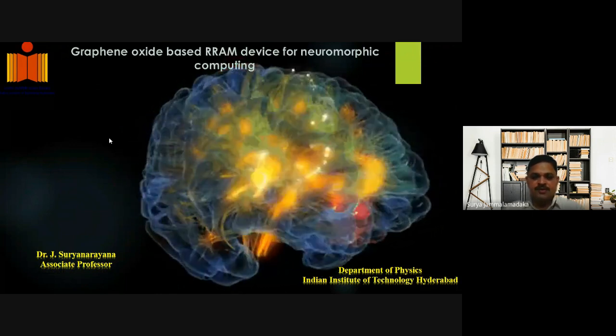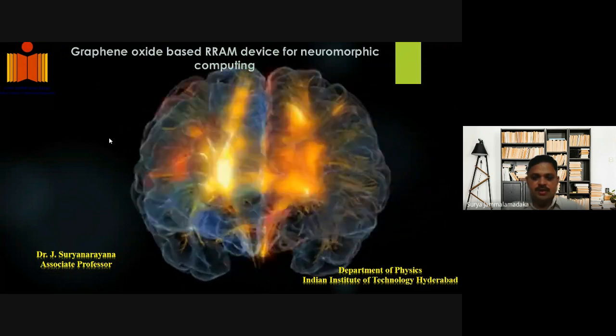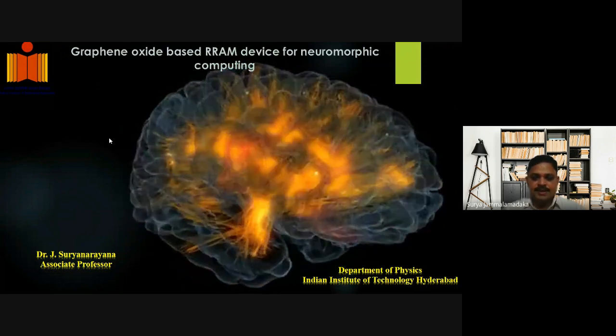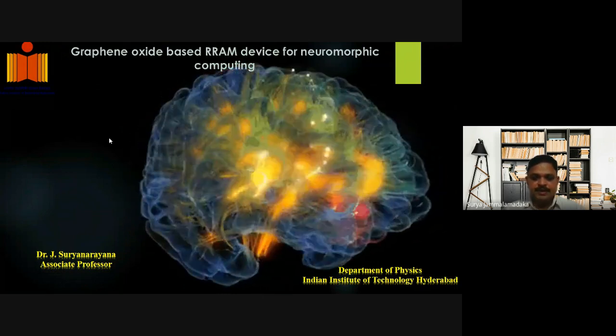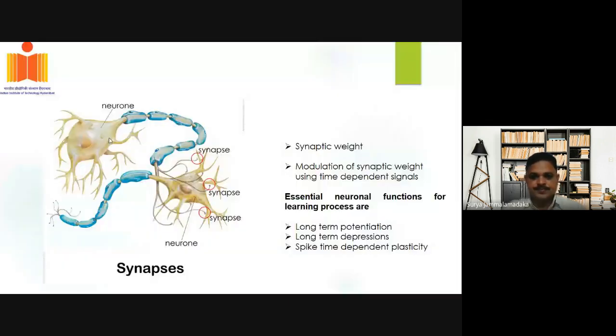Neuromorphic computing is brain-inspired computing, which mimics the brain. For instance, the brain has neurons, and two neurons are connected by a synapse. We would essentially have 10^11 neurons, and these 10^11 neurons are connected by 10^15 synapses.